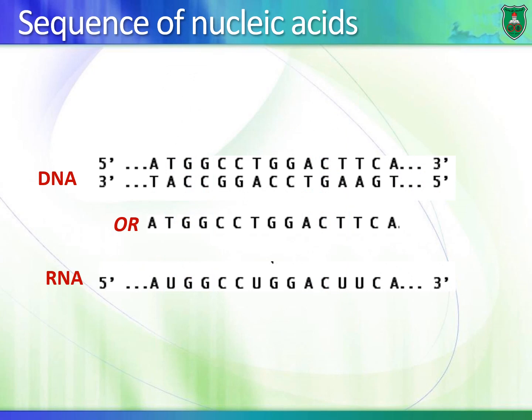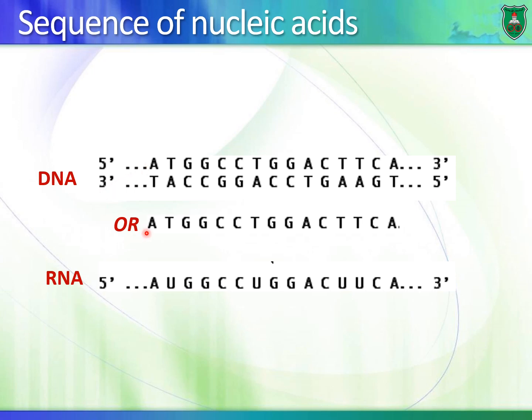Now, if I ask what is the sequence of DNA, you can say, well, it's 5' A, T, G, G, C, C, T, or you can simply say it's A, T, G, G, C, C, T, etc. You don't have to say 5' when you tell me the sequence of a DNA, unless you want to start with the 3' end.